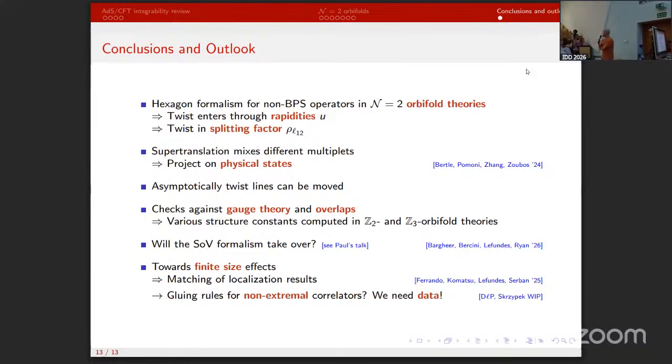Any questions? About the matching of extremal correlators, I suppose that there will be also some mixing with double trace, right? Is it something that you have looked at, or maybe is not relevant here? Well, the extremal correlators were done by Ferrando, Komatsu, Lifundis, and Servan. But here also, it's only BPS operators.